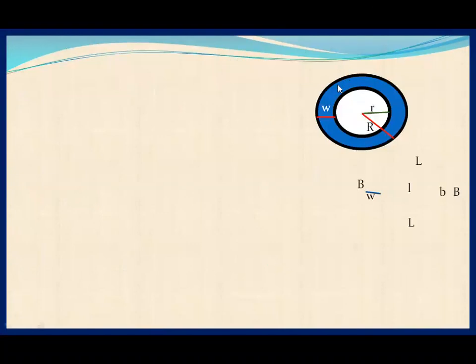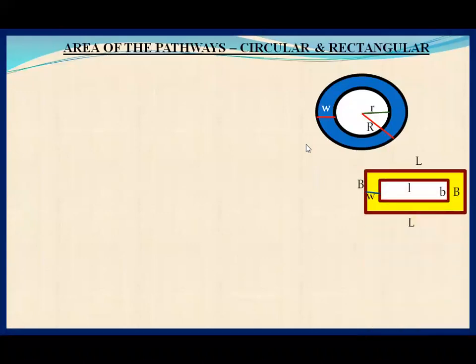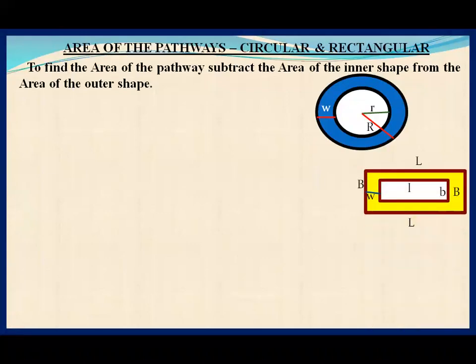So here you have a circle. In the circle, you can draw the circle with two radii, the inner radius and the outer radius. And here you have the width of the circular ring. So area of the pathway, circular and rectangular. To find the area of the pathway, subtract the area of the inner shape from the area of the outer shape. So whatever the shape may be, subtract the area of the inner shape from the area of the outer shape.